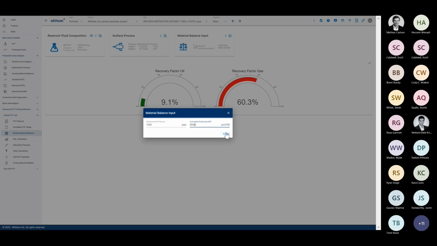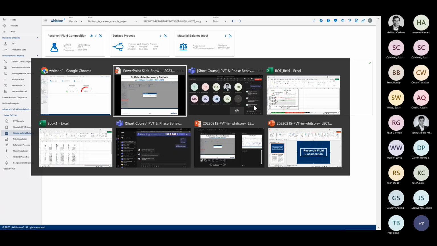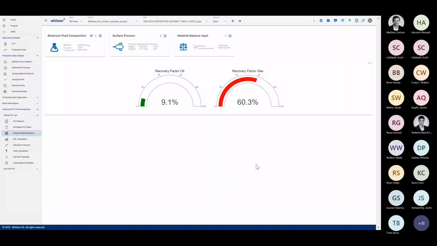You click save. And once you've done that, now we want to recalculate here, and we probably will get a recovery factor of around 9% for oil and for gas around 60 for these assumptions. Is that okay? Perfect, Justin. Thank you. Awesome.